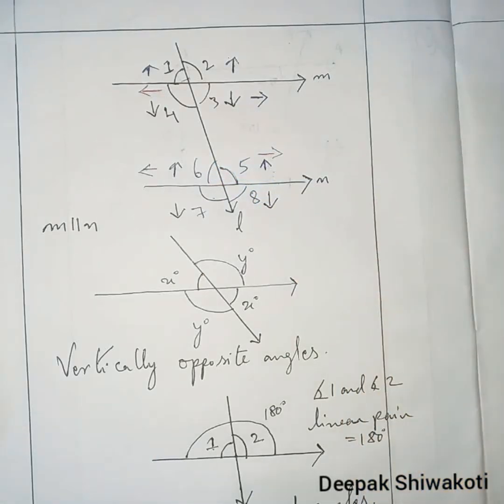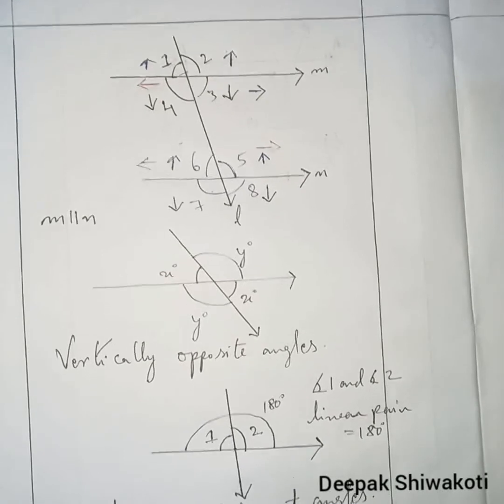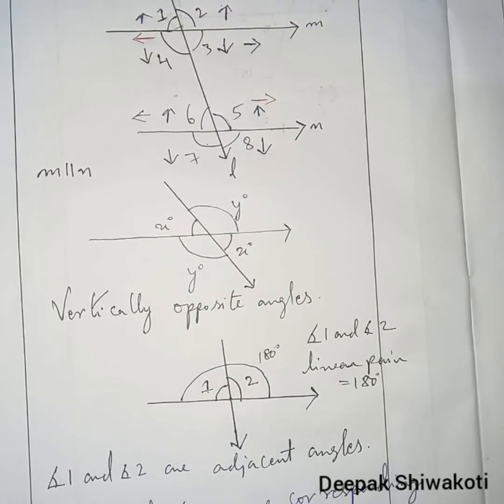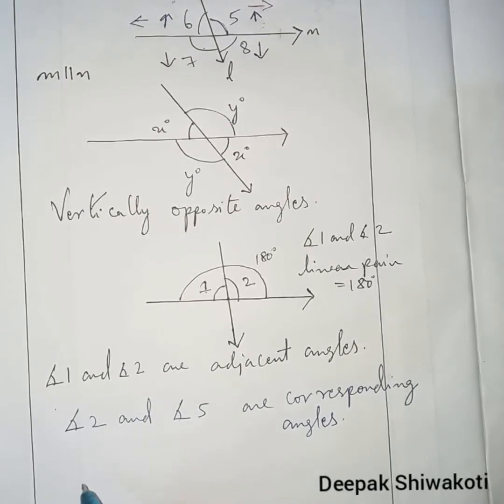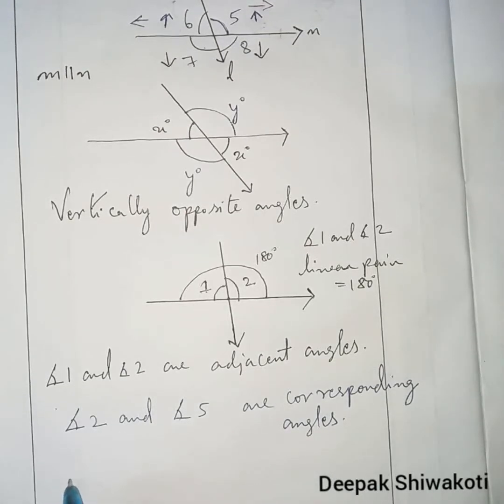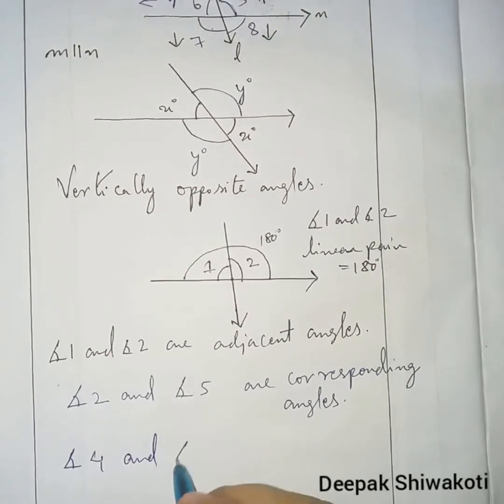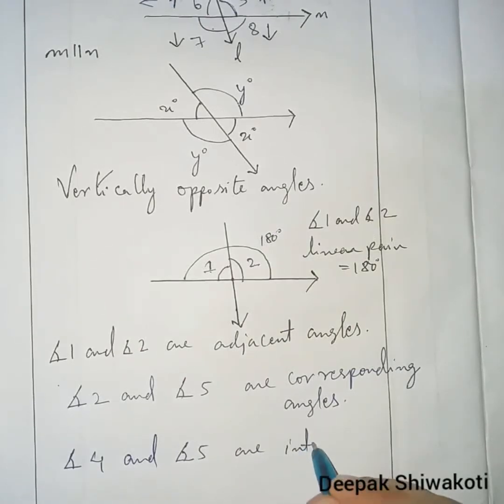So let us write here to remember. Refer to the figure. From our figure, angle 4 and angle 5 are interior alternate angles.